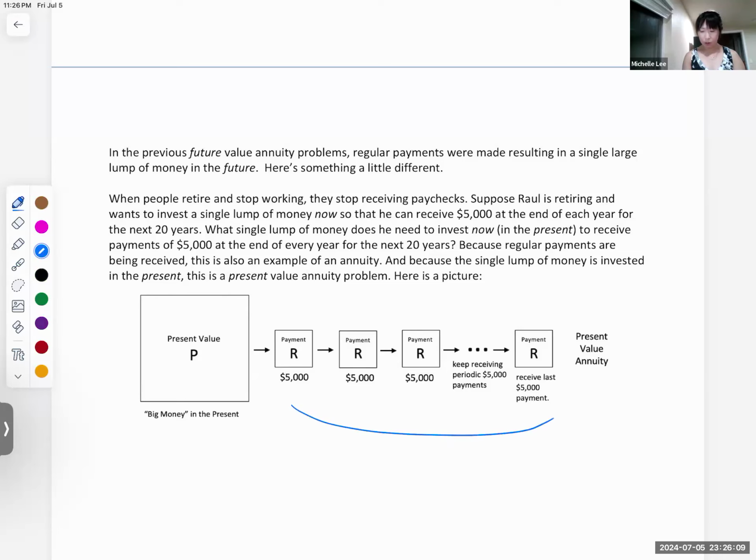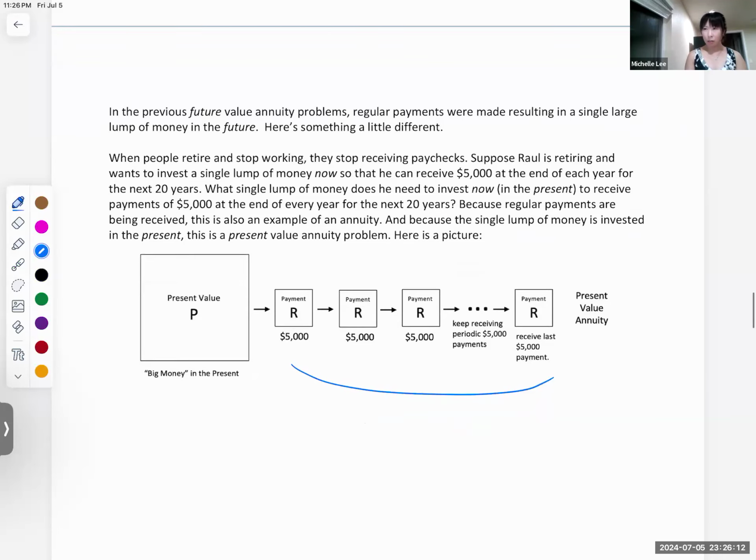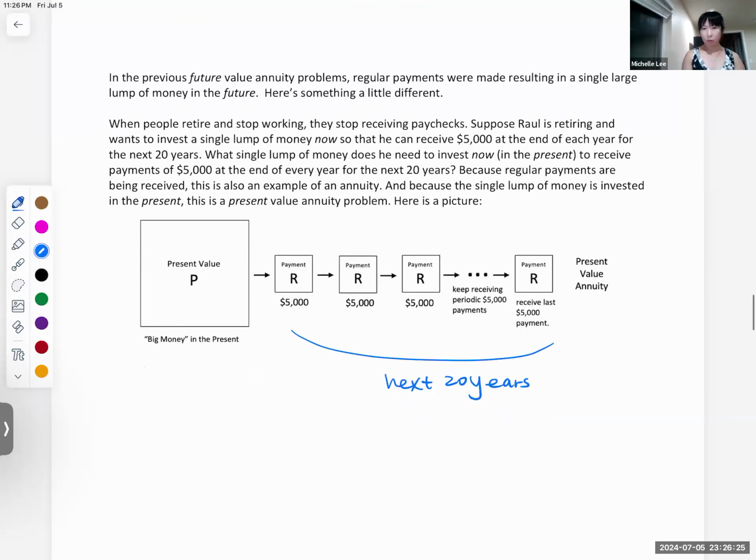And then this one, next 20 years. After retirement, they can get money monthly, $5,000. So are you okay with this?